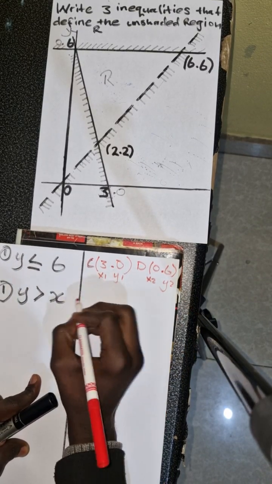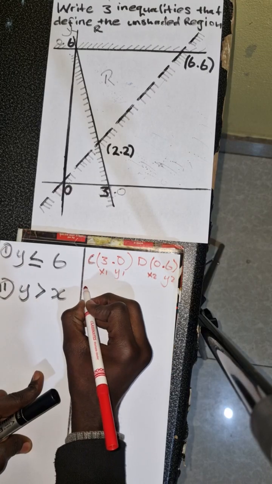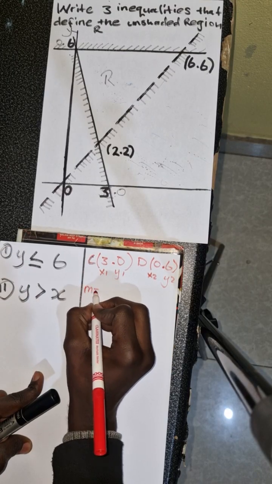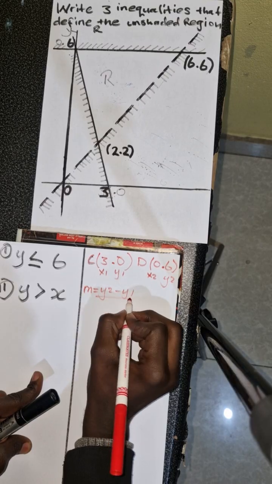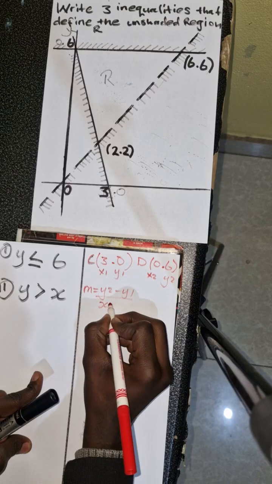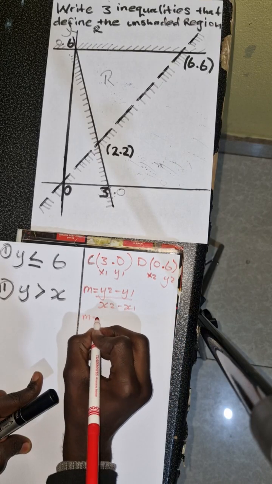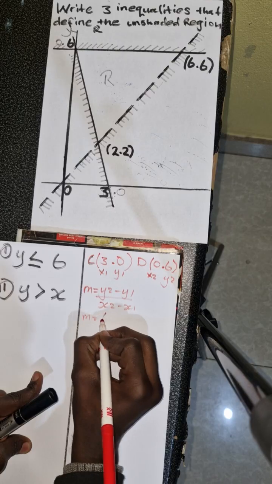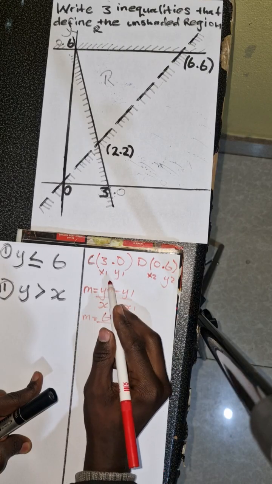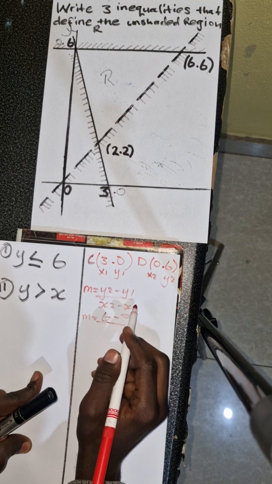So how do we find the gradient now? We're going to use the same formula we previously used: y2 minus y1 over x2 minus x1. What is my y2? My y2 is 6. My y1 is 0. And what is my x2?